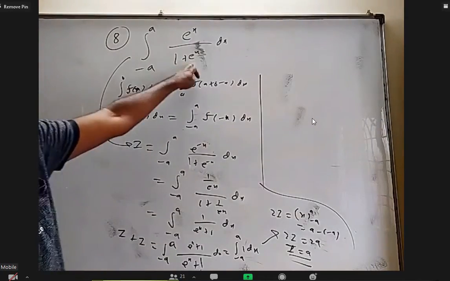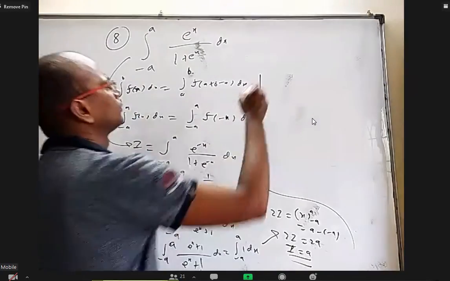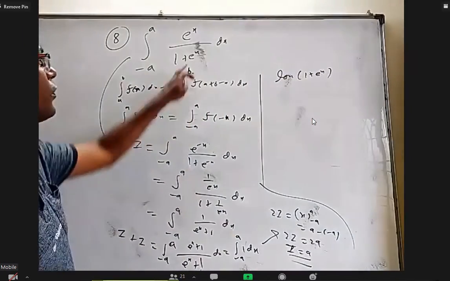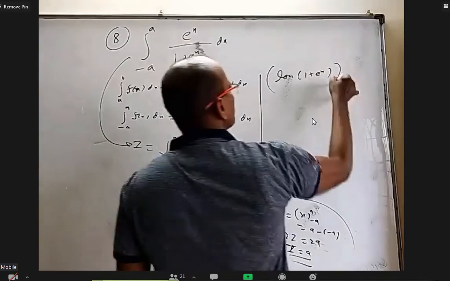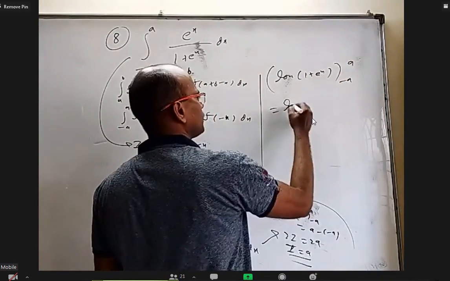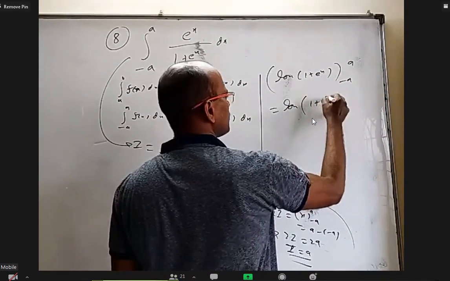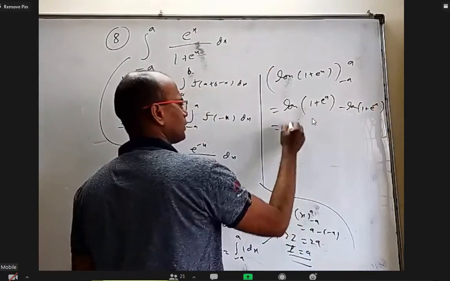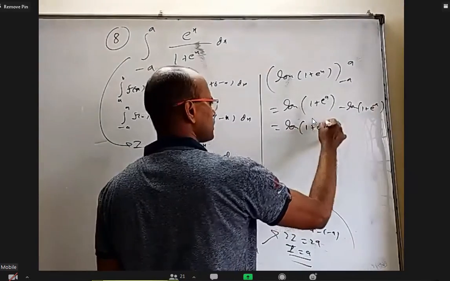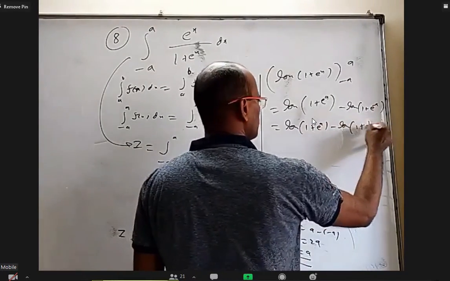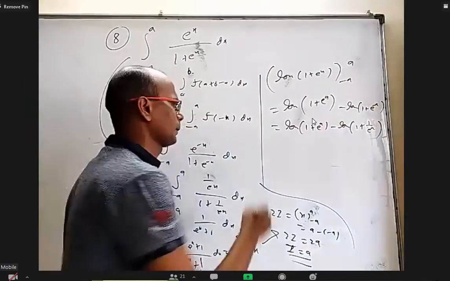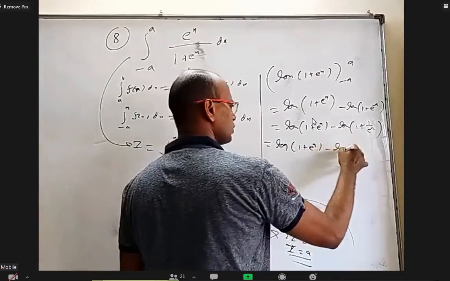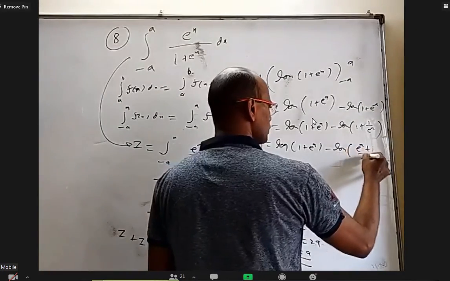You can do it like this, or directly, for this derivative, you don't need all that. What is this? Log of 1 plus e power x is directly the integration, with limits minus a to a. That is log of 1 plus e power a minus log of 1 plus e power minus a. That is log of 1 plus e power a minus log of 1 plus 1 by e power a. That is log of 1 plus e power a minus log of e power a plus 1 by e power a.